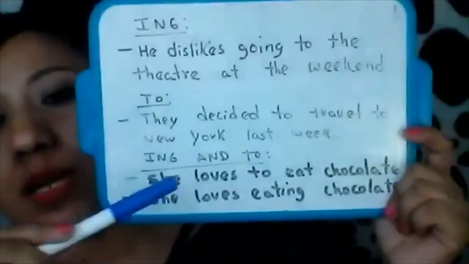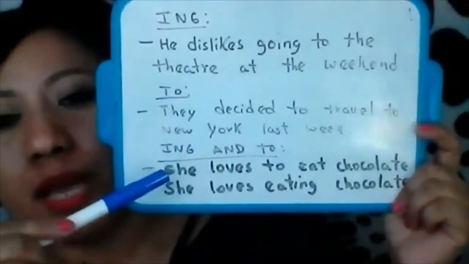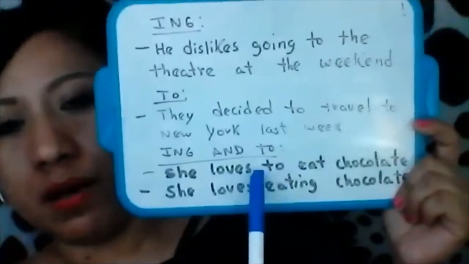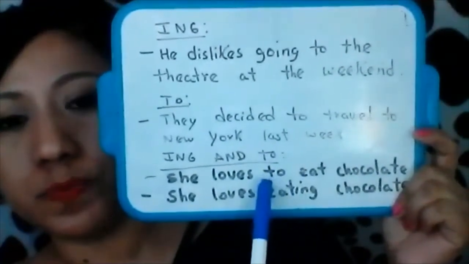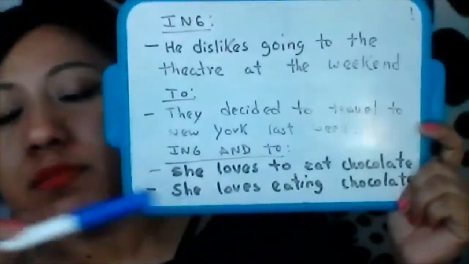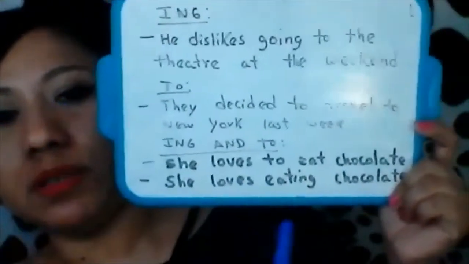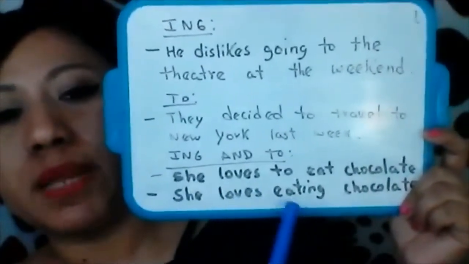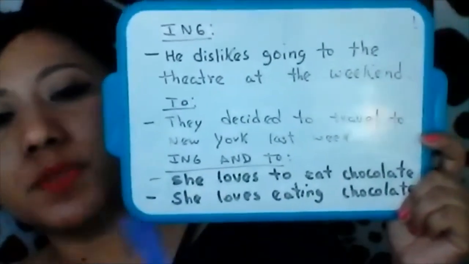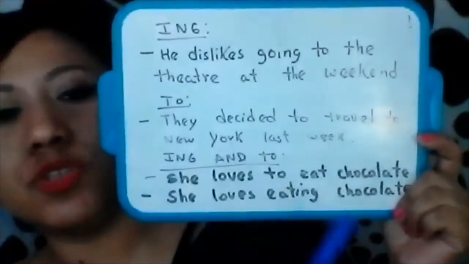Normally, in United States, in American English, we use the two verbs plus infinitive, in this case, with to. But in England, British people, they normally use verb plus ing. They love to say, I love eating chocolate.